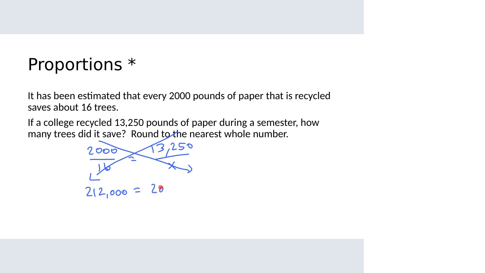And that's going to be 2,000x. We'll divide both sides by 2,000 and get 106. No rounding necessary because our answer came out right there at the whole number. Let me know if you have questions on that. Otherwise, we'll go forward, and I'm going to have you try another one.